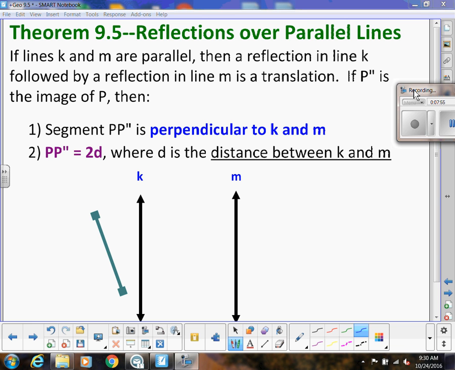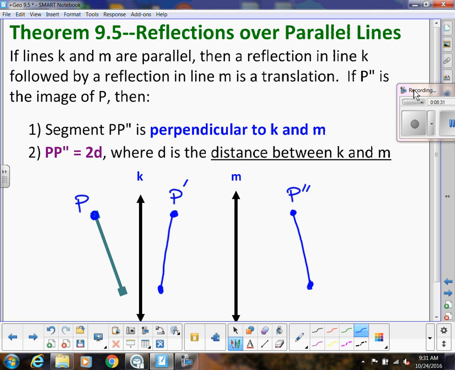So let's say this is point P. If I do a reflection over line K, then that's where P is going to end up. And then if I do a reflection over line M, and again, I'm estimating, so that's what it would look like.